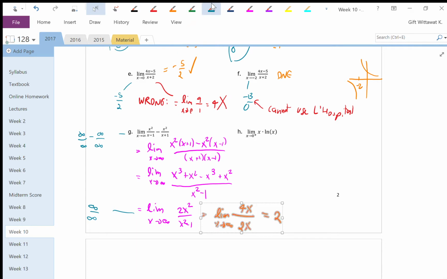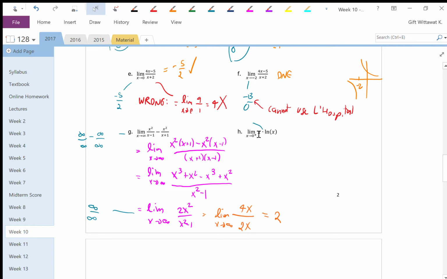The next one, I'd like to find the limit when x goes to 0 from the right of x times log of x. Well, let me try to find the limit here. So what happens when x goes to 0?